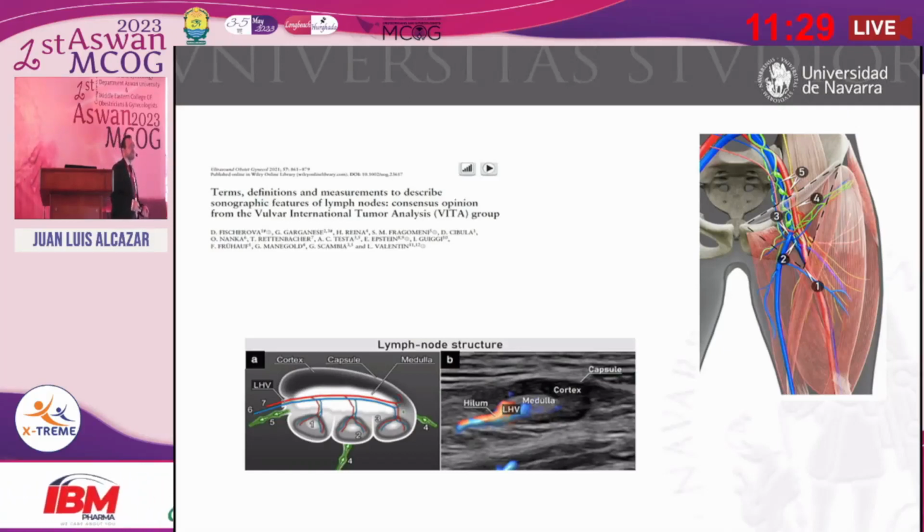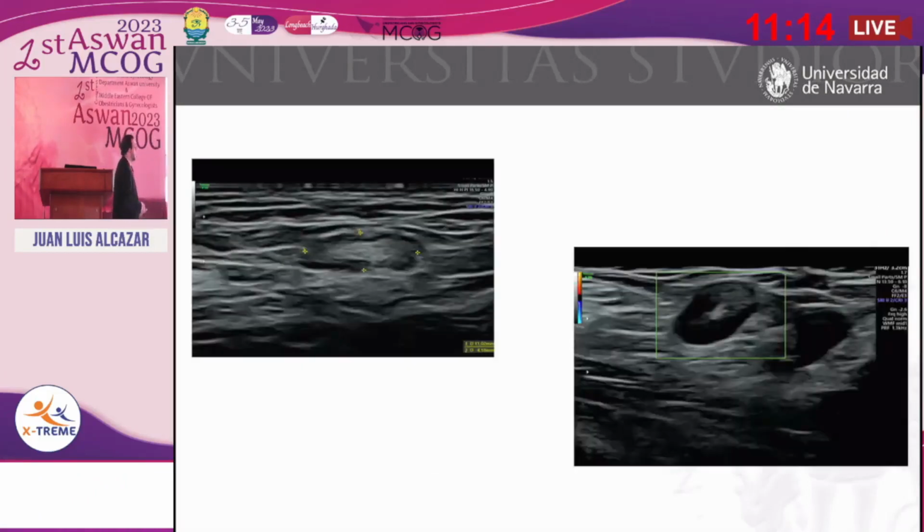It could also be performed, obviously, for any kind of cancer, but the presence of groin lymph nodes in endometrial and ovarian cancer is very rare, and also a little bit rare in cervical cancer. So this is a normal lymph node in the groin.